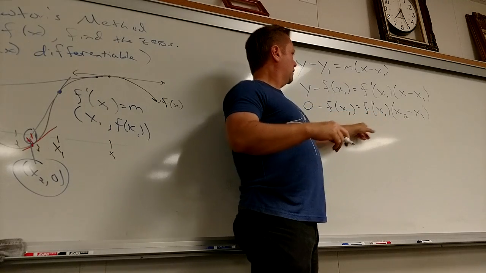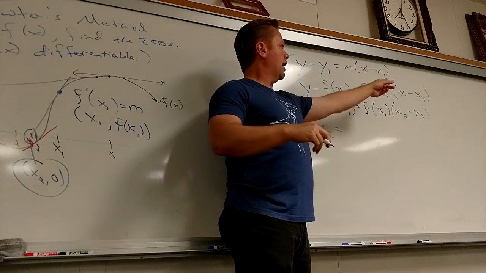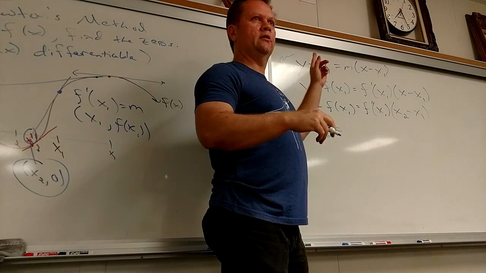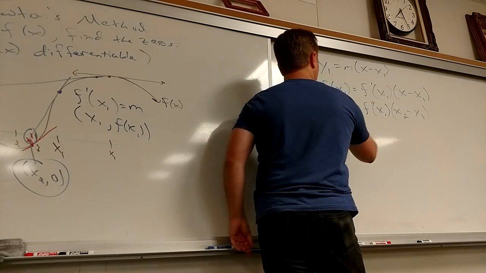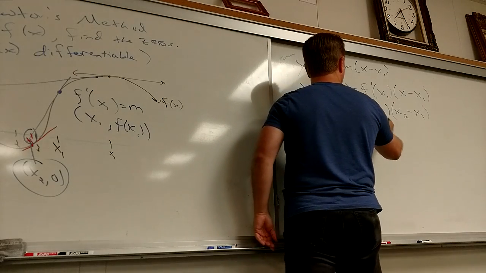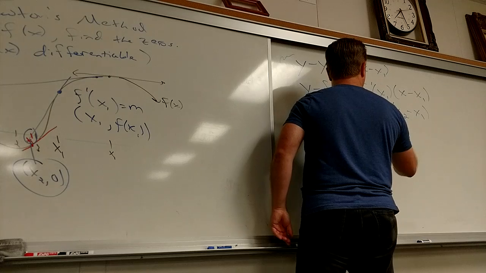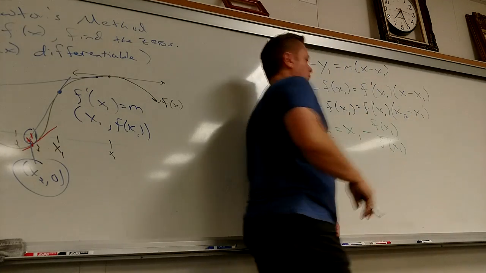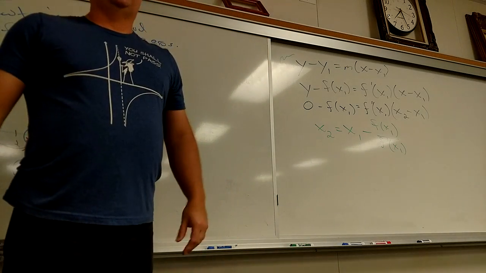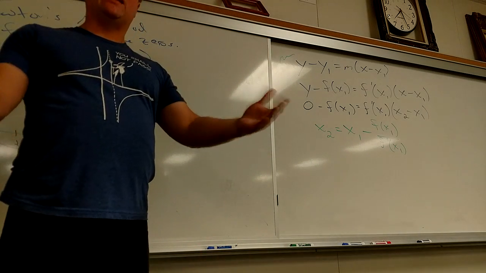If I divide by this, and then add x1 over, I get x1 minus f of x1 divided by f prime of x1. So what is this problem going to supply me with?